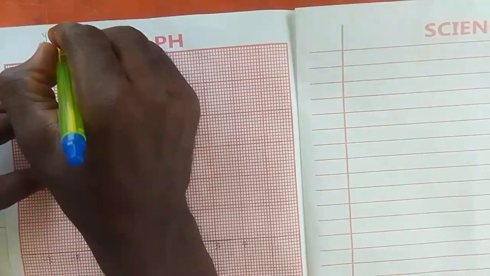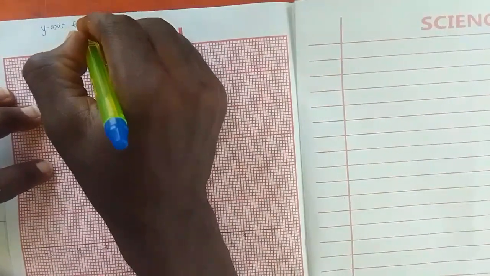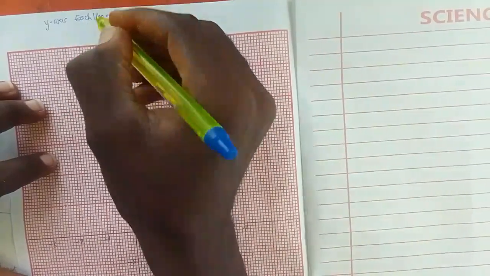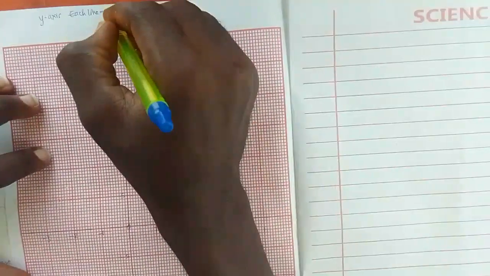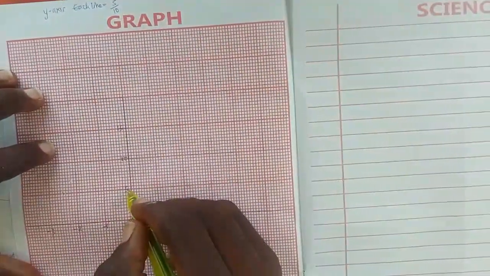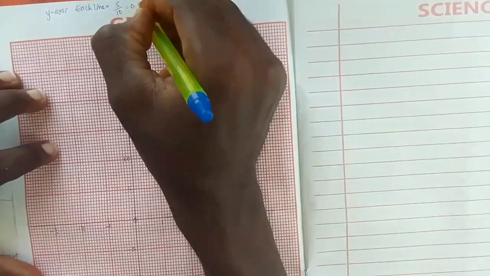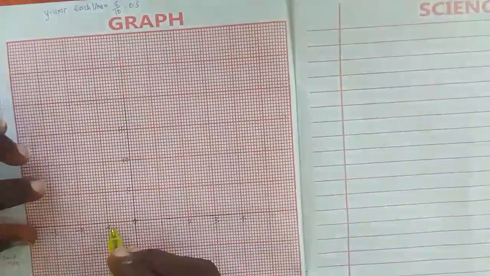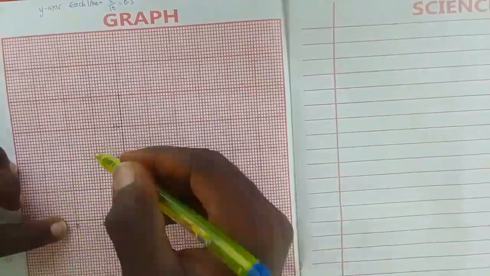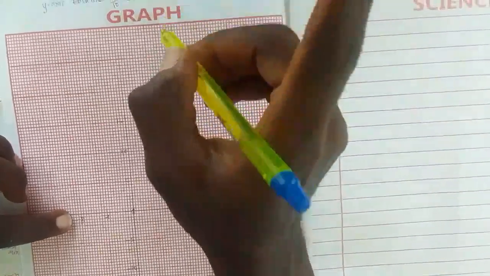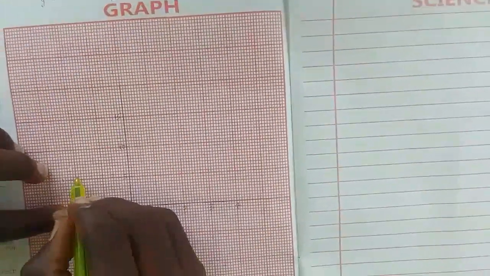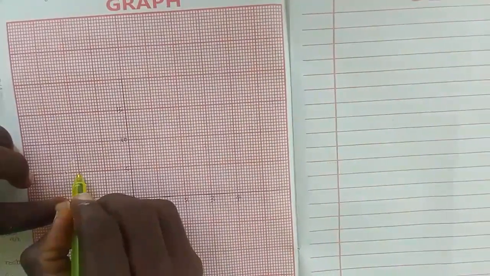That thing I told you for y-axis, each line is equal to, from here to here, 5/10. There are 10 lines in between there, so we have 0.5. So if you expect, this is 2 here, so 2 lines, 2 times 0.5 will give you 1. So we expect for 7, this is 5, 1, 2, 6, 1, 2, 7.